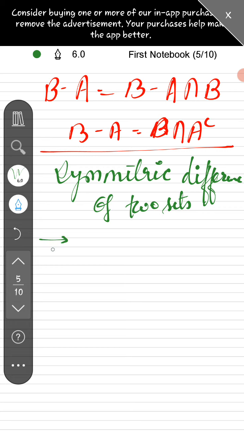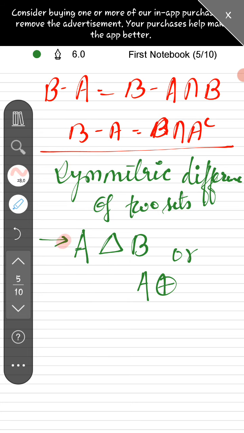We are going to represent it as A delta B, or we can write it as A with this symbol on this side. Both of them are the actual representation of the symmetric difference of two sets.